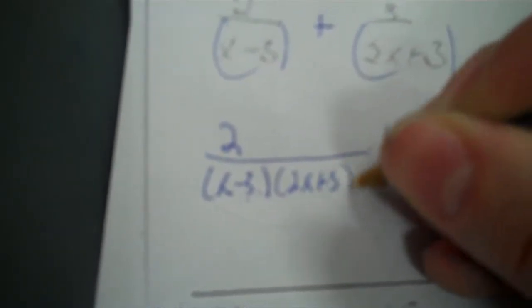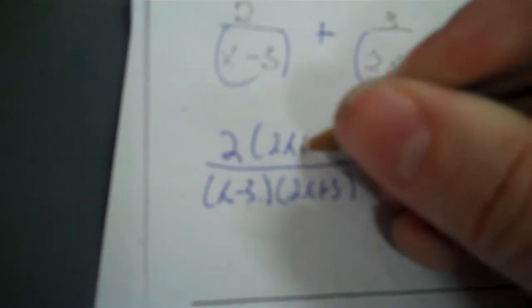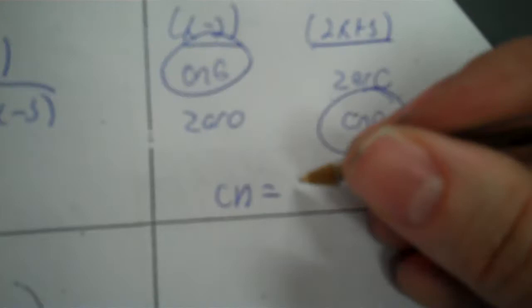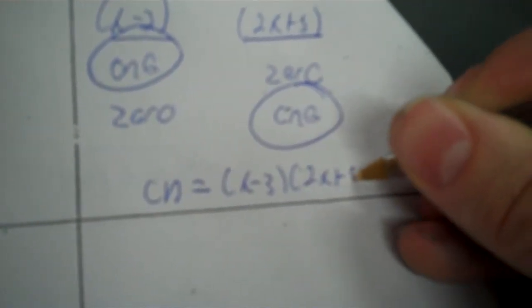How about 2x plus 3? 0, 1. Okay? So you need them both to have 1. So I do not have the 1 here, so I bring it in, and you also got to bring it to the top. Okay? Now circle one of your bottoms, and that's your common denominator. X minus 3 and 2x plus 3.